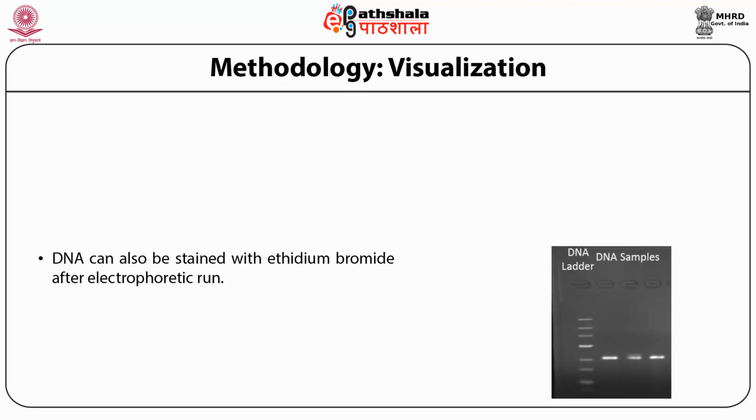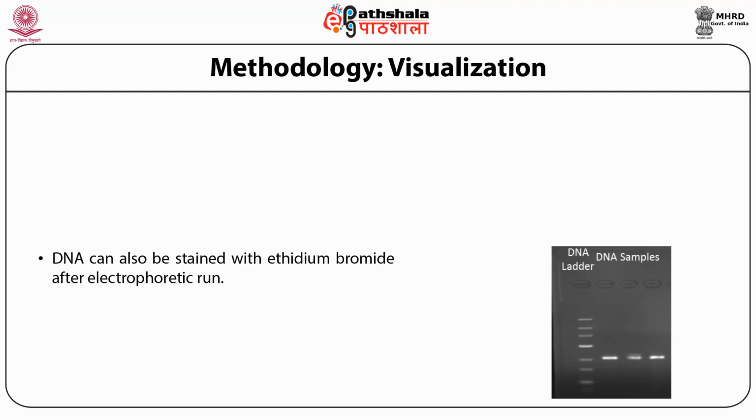This includes SYBR Green, which is used for quantification of nucleic acid. This dye can also label DNA within the cells. Other dyes, such as GelRed, are closely related to ethidium bromide in structure and binding, but are less toxic and more sensitive.